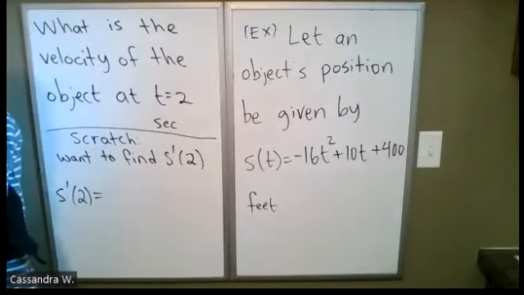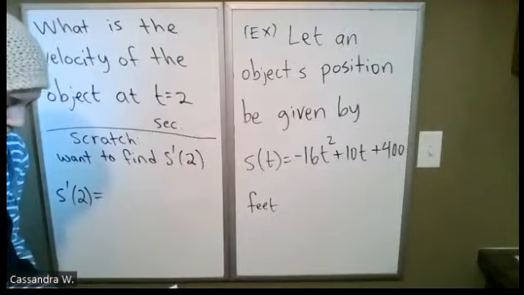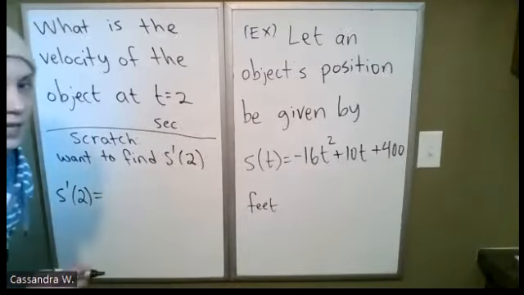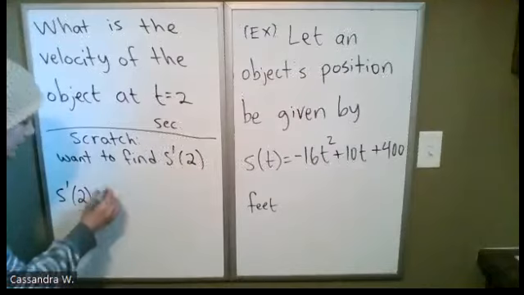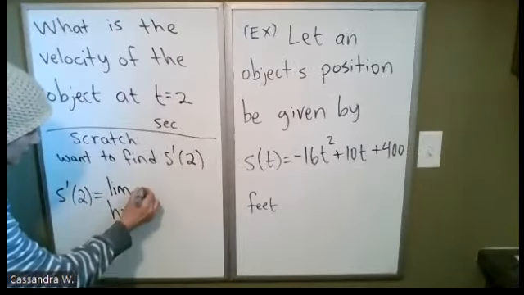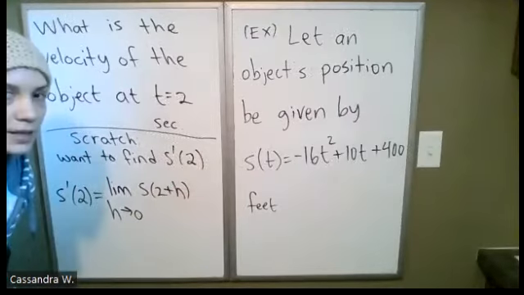Ooh, this is going to be messy. Let's put in the basics. We're putting in s of 2 plus h, and it's the limit as h goes to 0. Subtract s of 2.